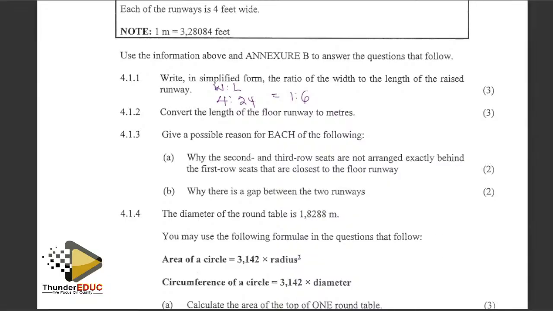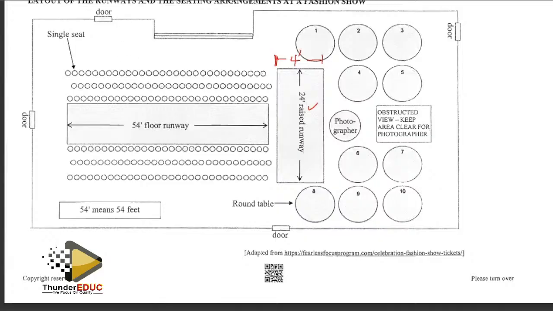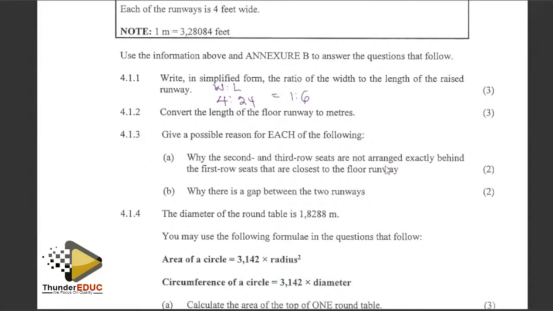So we need to say, okay, the length is 54 feet. It has to become meters. They have already told you if you have 1 meter, you have 3,28084 feet.